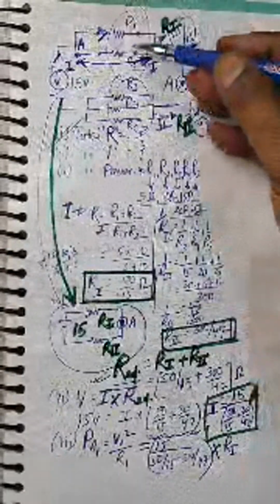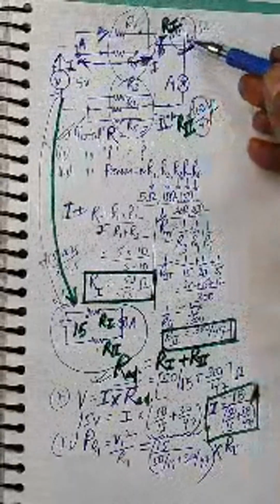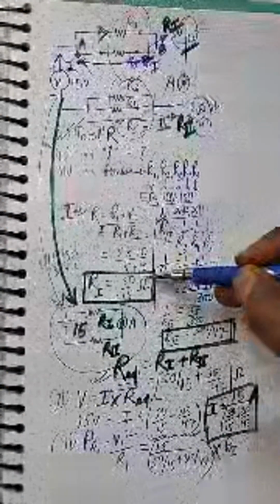So our current is 15 divided by 50 by 15 plus 300 by 47, right? This current is multiplied with the equivalent resistance of R1 and R2, which is 50 by 15, which we have calculated, you can see here.